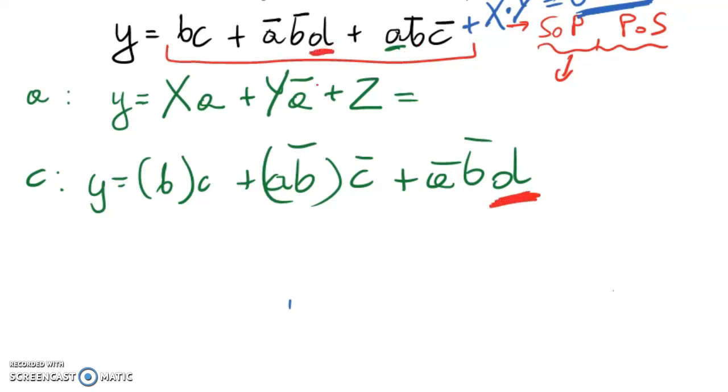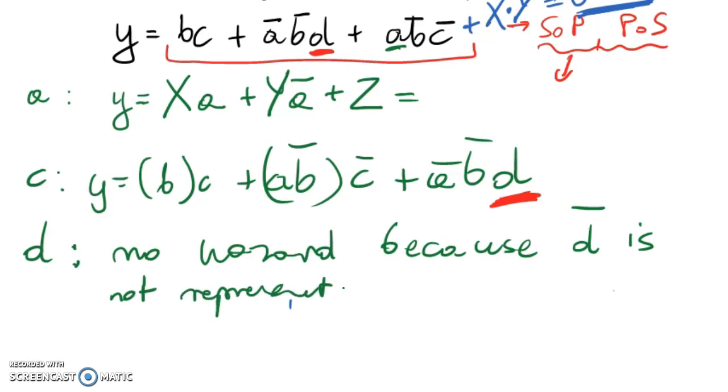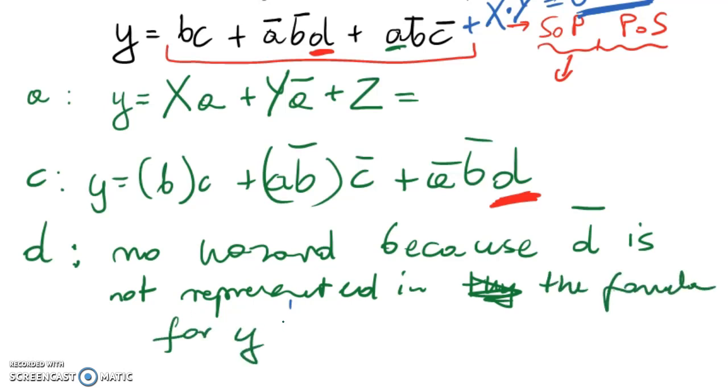You don't have inverted D. That's why the conclusion is no hazard, because not D is not represented in the formula for Y. That's enough to not have any hazard.